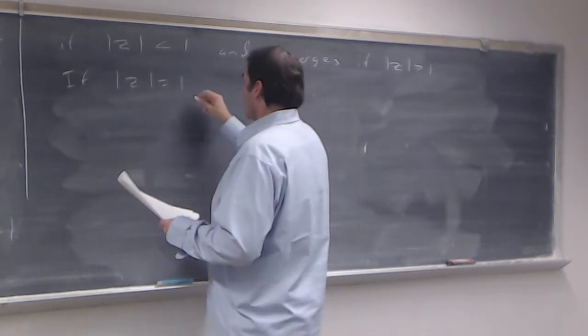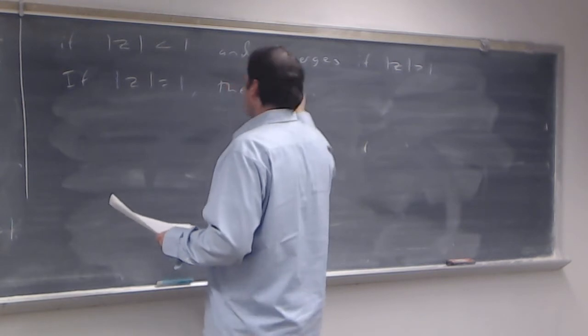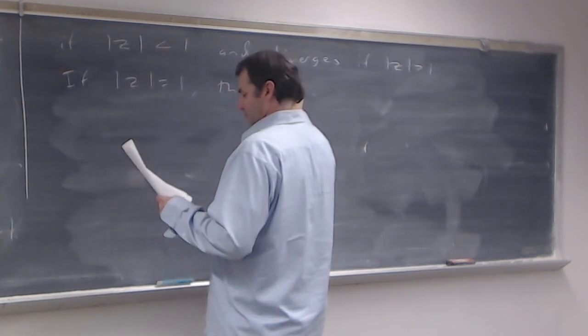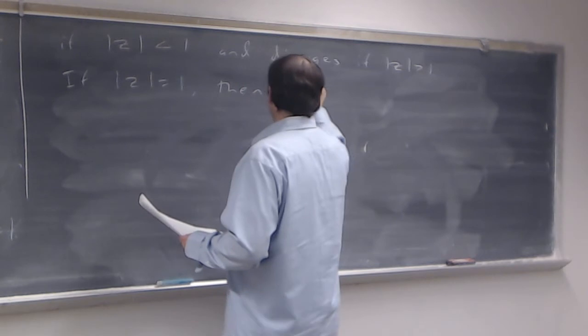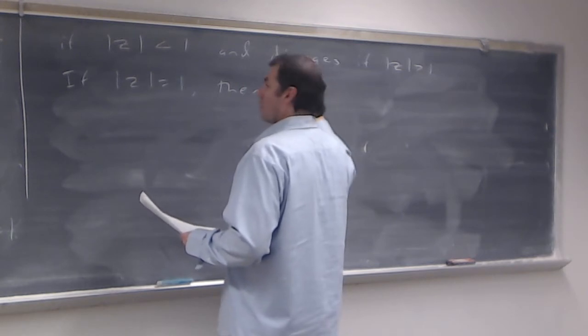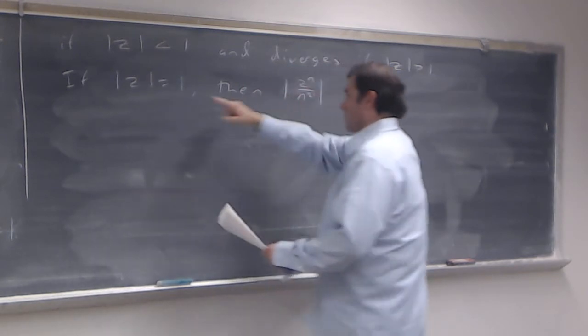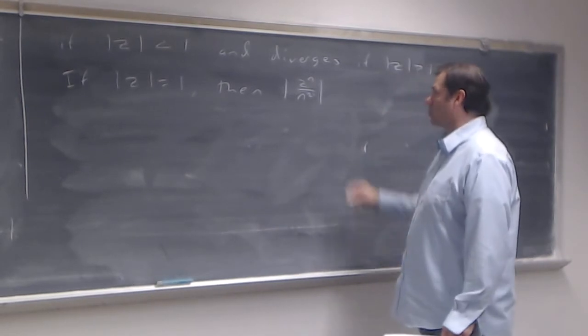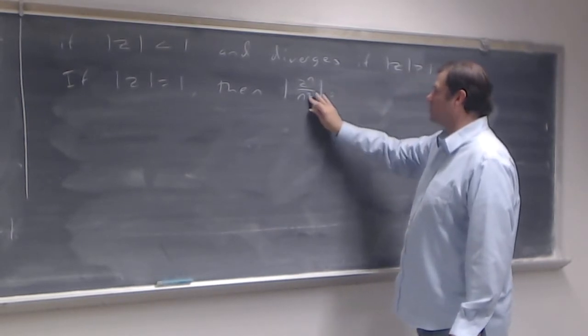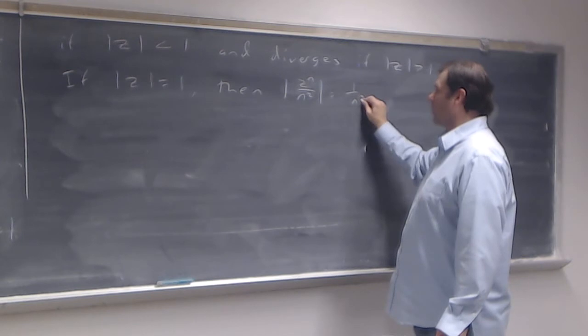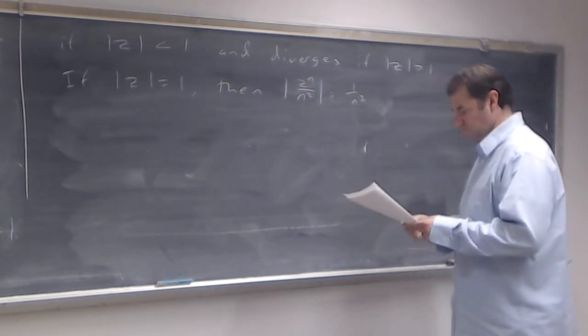Okay. Well, if you look at the absolute value of z sub n over n squared, in the situation where the absolute value of z is 1, this is going to be equal to 1 over n squared.